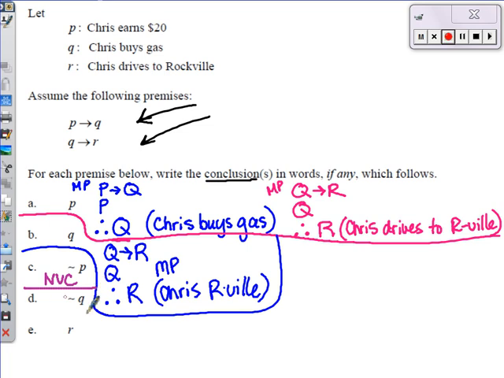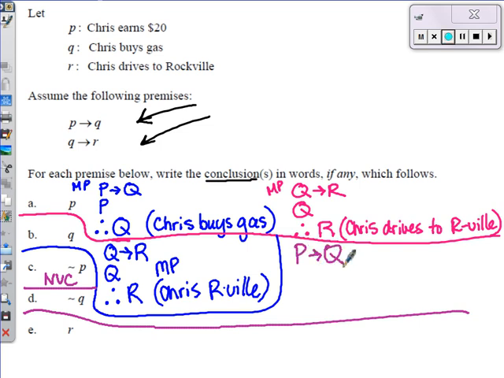Next one, D. This is the opposite of Q. So the opposite of Q would not link with the bottom one, but it would link with the first one. So let's rewrite the first statement, if P, then Q, and then write not Q as my second premise. So if you clean, then you party.